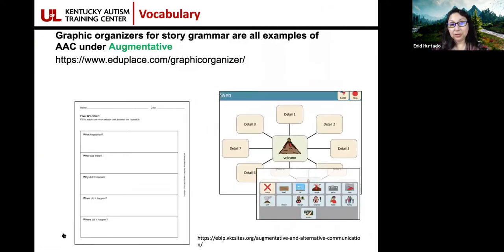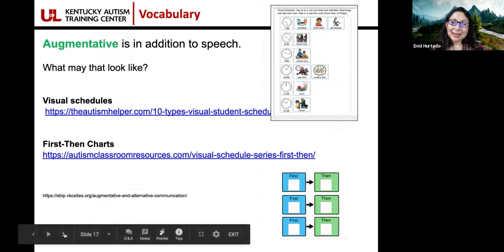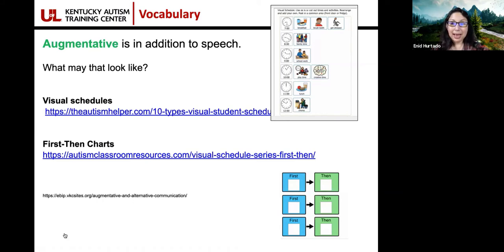Graphic organizers are great for story grammar, right? So think of all the different graphic organizers. AAC also includes those as well. And now these are all great for individuals with autism. I think for those of you who do work with individuals with autism, you can see why this works, and you're probably wondering why it wasn't included earlier.